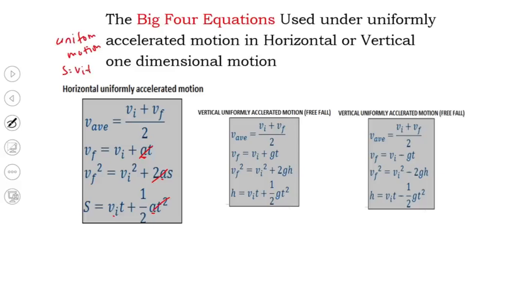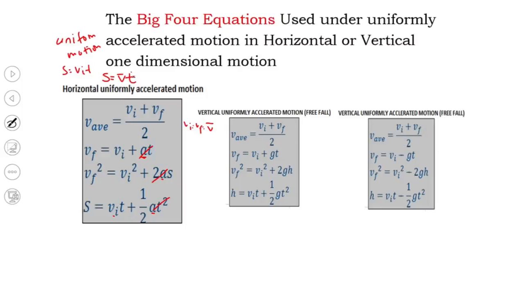But the initial velocity and final velocity are equal if it is a uniform motion. For a uniform motion, the velocity remains constant, and the average velocity is the same as the initial and the same as the final. Therefore, instead of using the initial or the final velocity, it's possible to use the average velocity. So displacement s is equal to the average velocity times t. It's possible to use this one for a uniform motion.